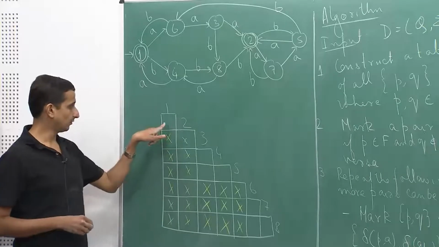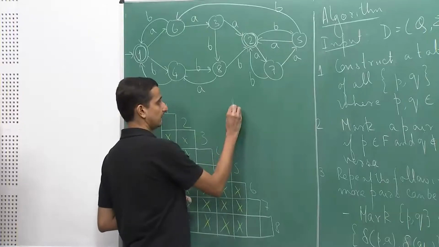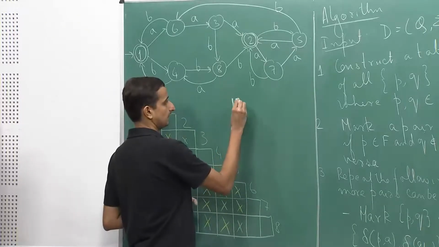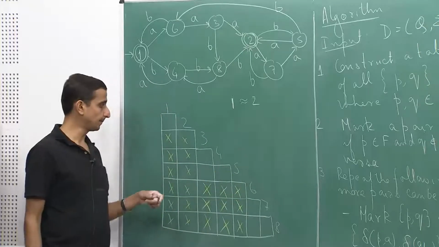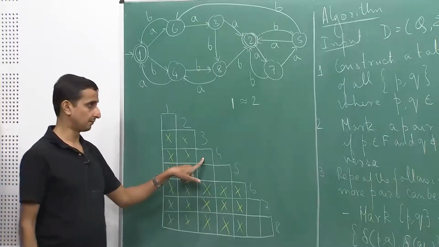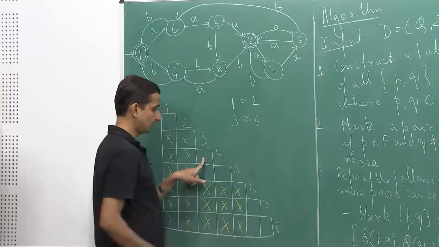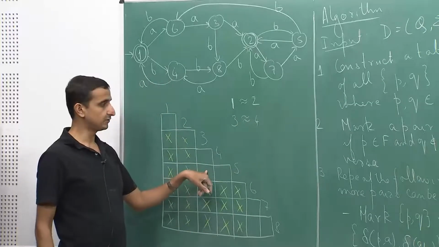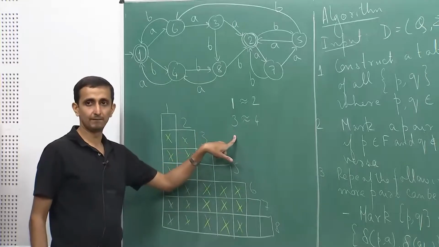So, here (1, 2) is not marked. So, 1 and 2 are equivalent. We have (3, 4) not marked, which means that 3 is equivalent to 4, and also we have (3, 5) not marked, which means that 3 is equivalent to 5 as well. Okay.